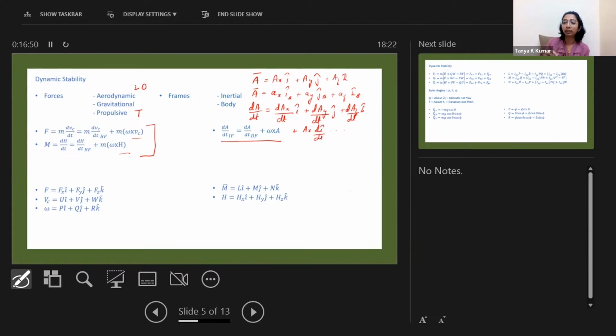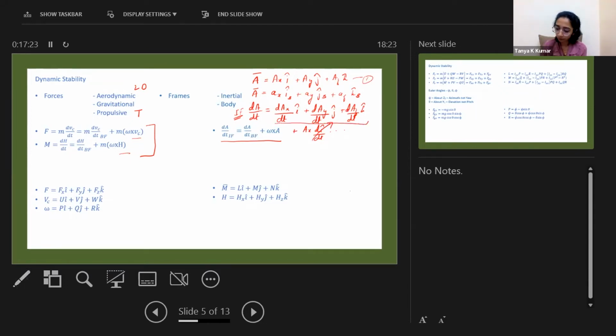But this is in the inertial frame, we have taken the inertial frame to be fixed in time, right? So the unit vectors i, j, k that define your inertial frame do not change. So di by dt will be 0, dj by dt will be 0, dk by dt will be 0. So your differentiation of the vector in the inertial frame would just be these three terms.